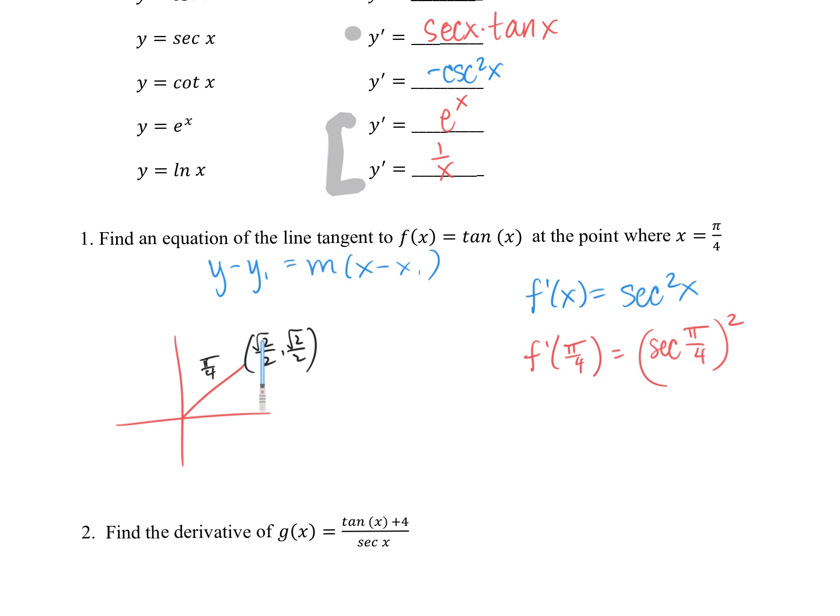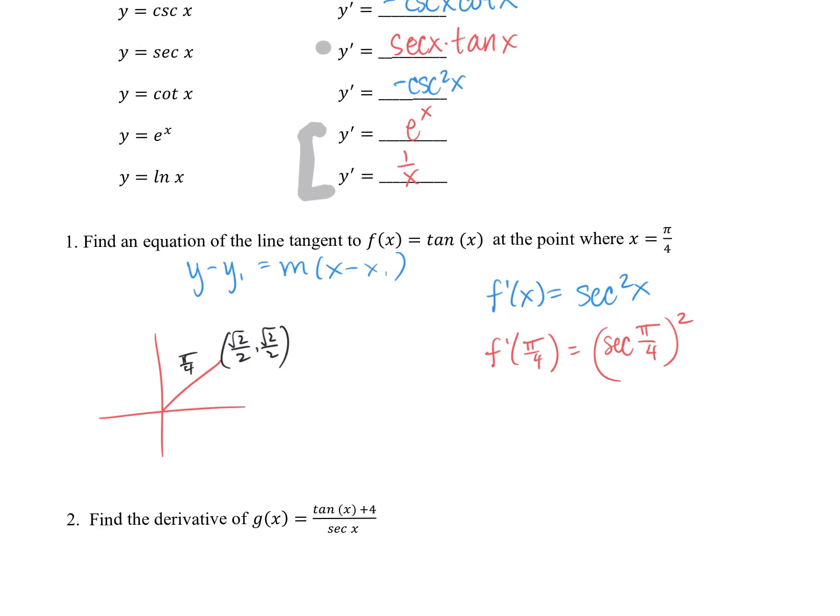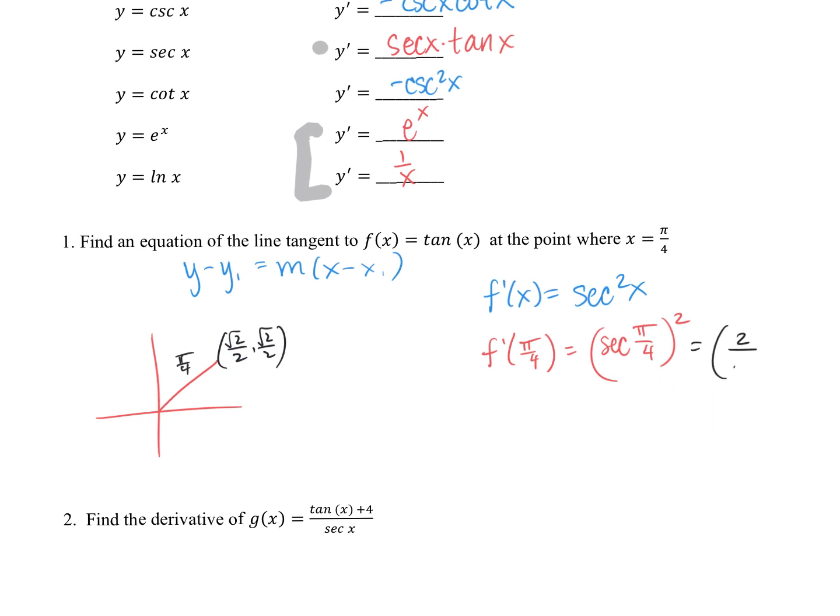What's the flip of root 2 over 2? That's just going to be flip, 2 over root 2. You guys okay with that? At pi over 4, secant is the reciprocal of the x. My x was root 2 over 2, so I'm just flipping it. Did I simplify it? No, I just flipped it. Guys, let's square it. What is 2 squared on top?